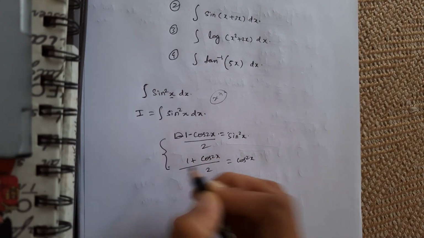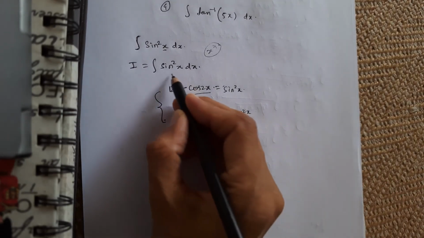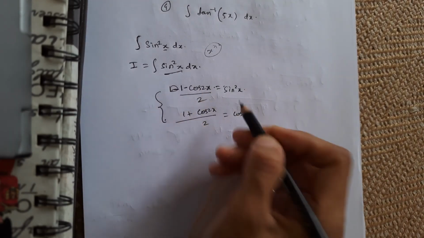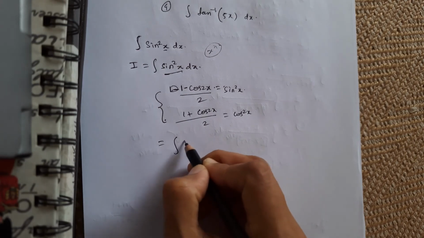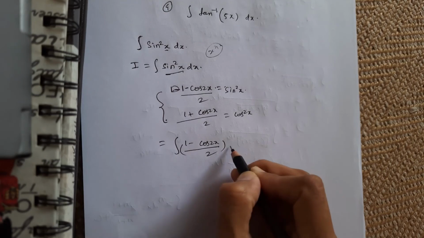These two formulas are very helpful, and I want you to remember them. So just simply replace this sine square x with (1 minus cos 2x) upon 2. What will I get? Integration of (1 minus cos 2x) upon 2 dx.